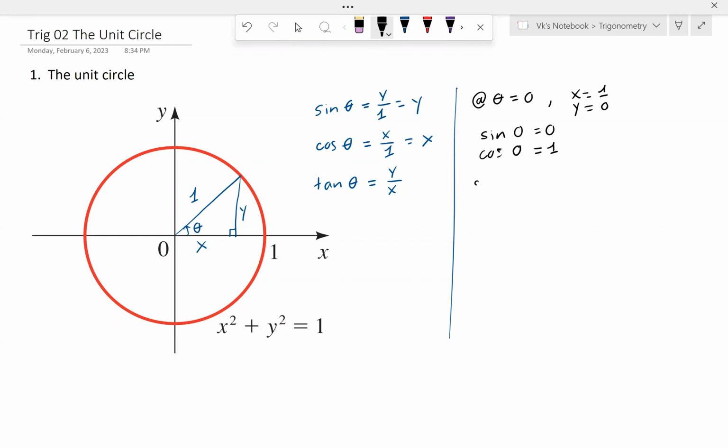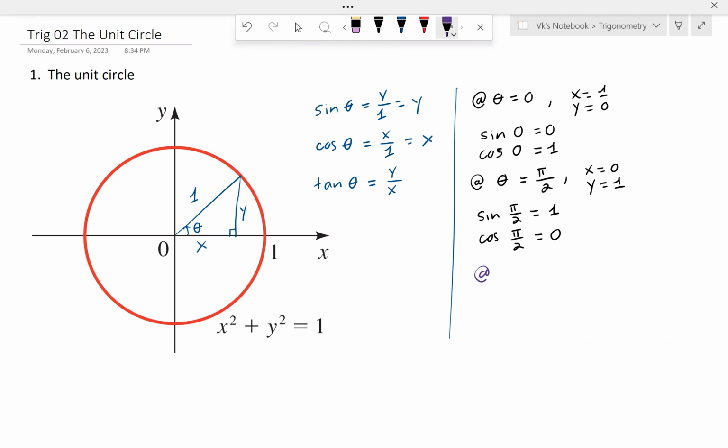Very cool, huh? At the angle theta equal to pi over 2, x equals 0, y equals 1. So we have sine of pi over 2 is 1. Cosine of pi over 2 is 0.